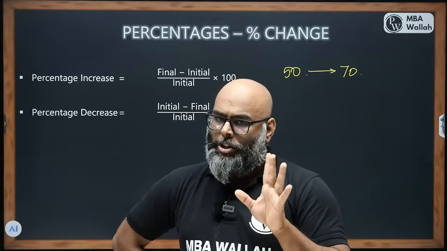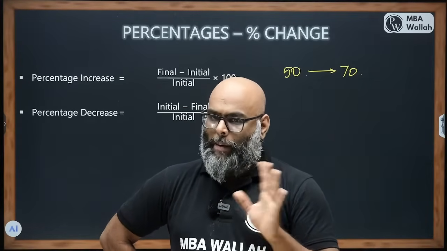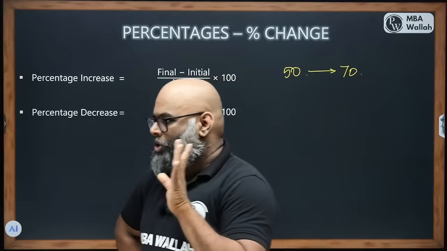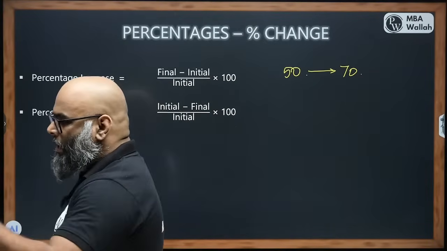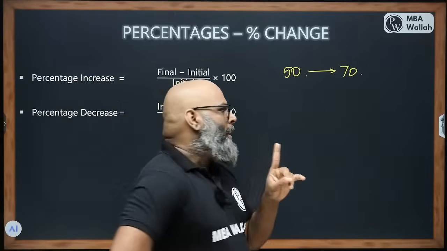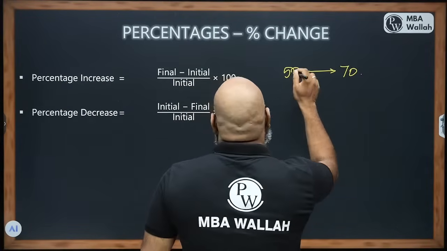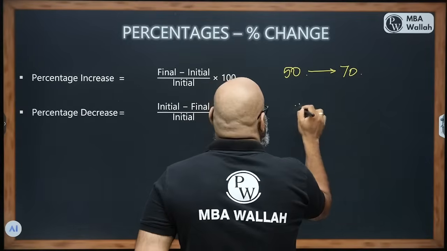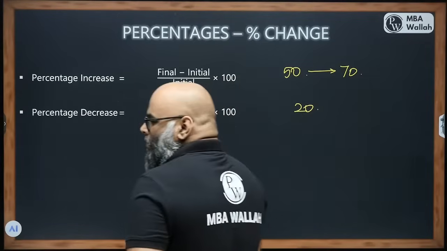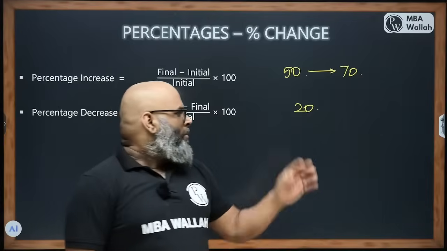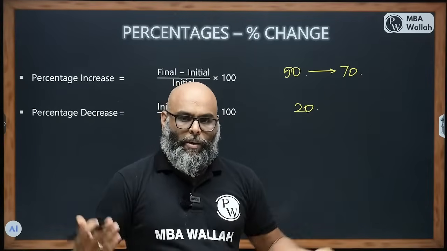What is the change? You see there's a change happening, right? That's the first question that you'll have in your head. The change has happened from 50 to 70, which is 20. Right? From 50 to 70, the change is 20.